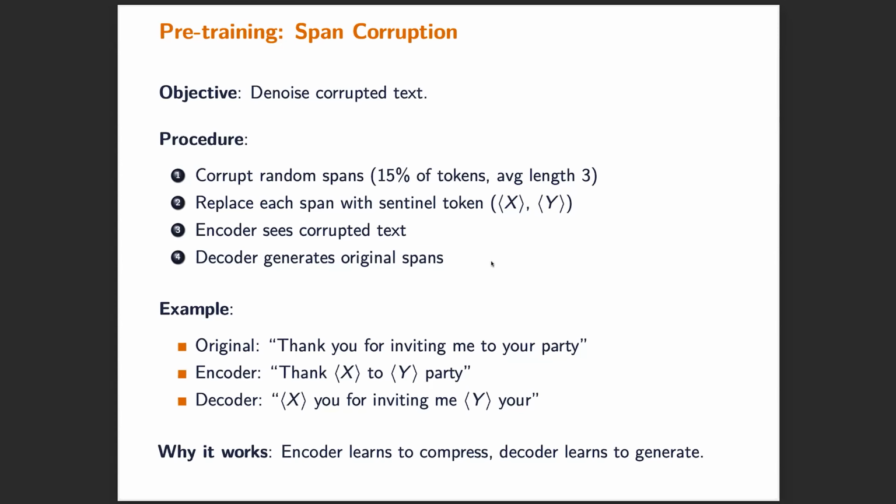And the T5 model is trained to generate them. For example, look at this. We have this sentence that can have different ways of span corruption during the self-supervised stage. So the idea here is basically the encoder learns to compress and the decoder learns to generate.